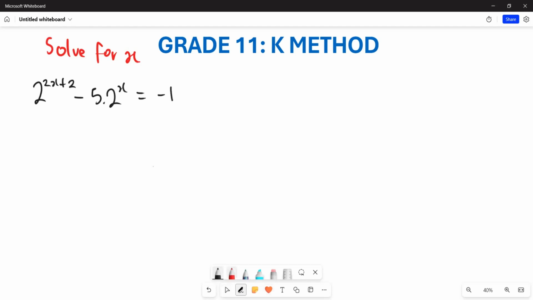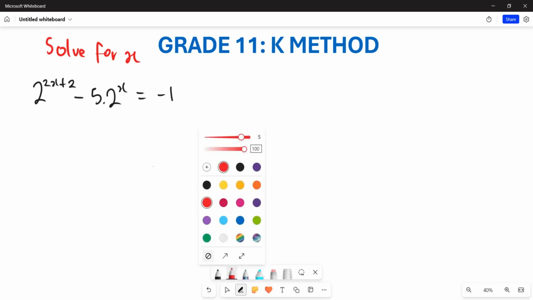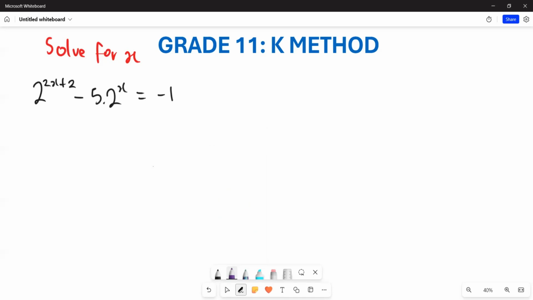Now, where are we going to start here? Let's see. The first thing you are going to do is try and write all of these in factor form. If you write this in factor form, this is going to be the same as 2 to the power of 2x multiplied by 2 squared.